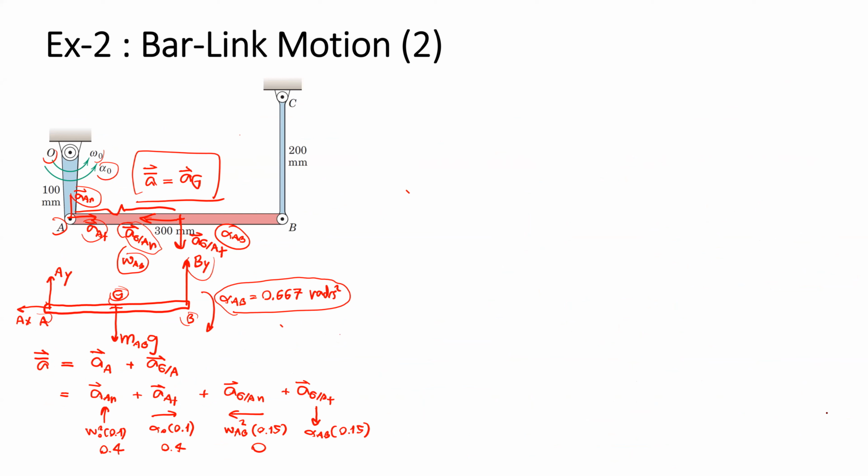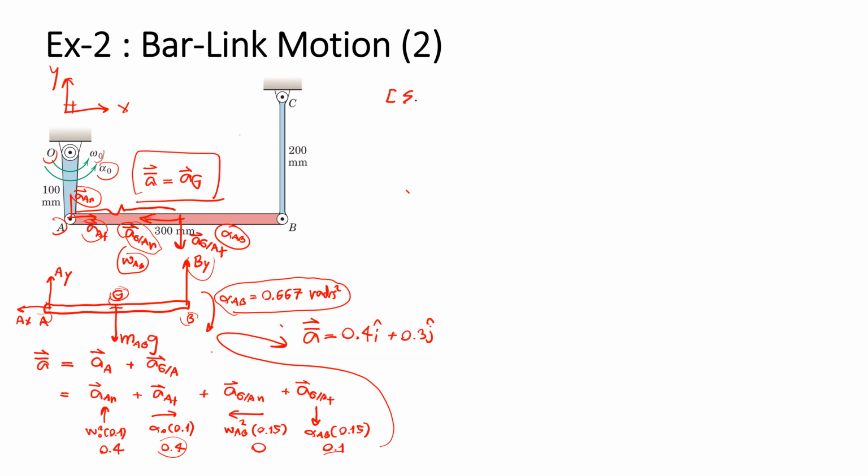So finally, the acceleration vector is 0.4 I plus 0.4 I plus 0.3 J. Here is the acceleration of the point G.